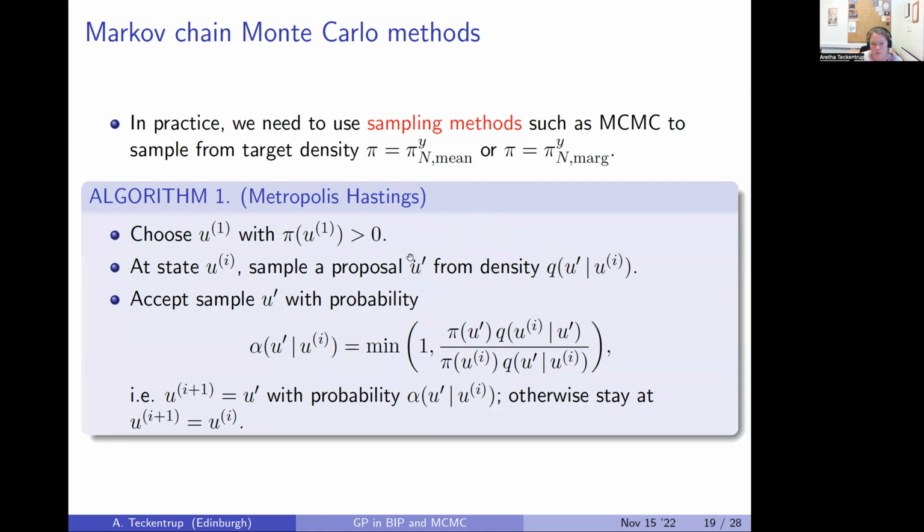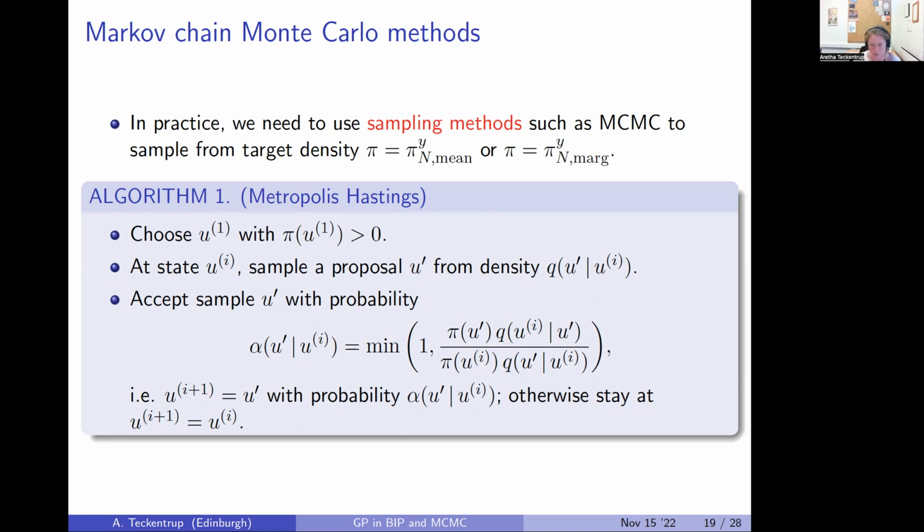It's a sequential algorithm, so you choose a sample U1, and then given U1, you produce U2, given U2, you produce U3, and so on. So given a sample UI, you produce the next sample UI plus 1 by proposing this new state U prime and then accepting it with a certain probability alpha here.